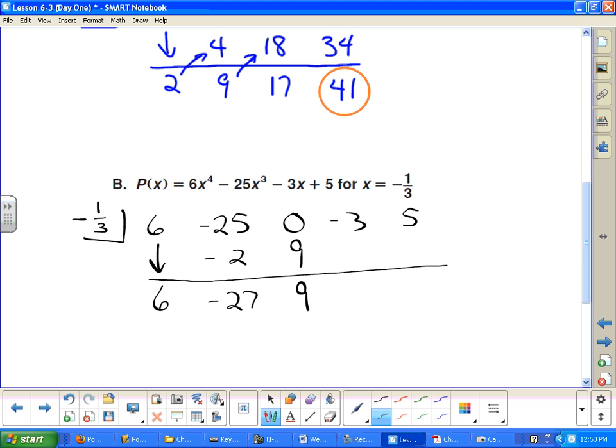So in this case, it's going to be a negative 3. Negative 3 and negative 3 is negative 6. 1/3 of 6 is 2. 5 plus 2 is 7. And that's my answer.